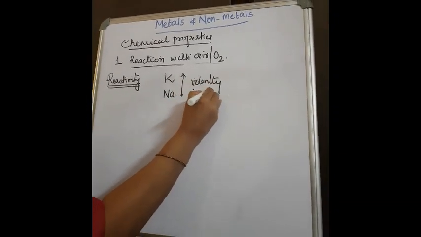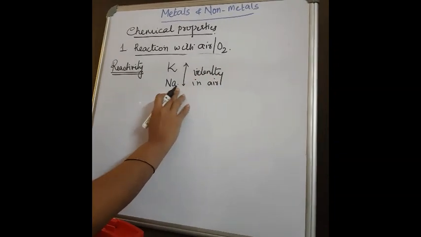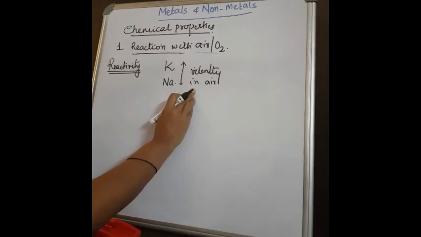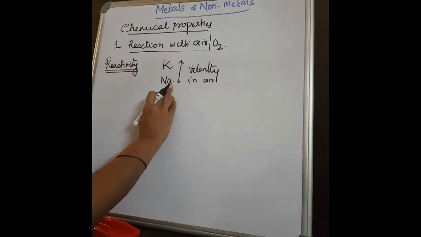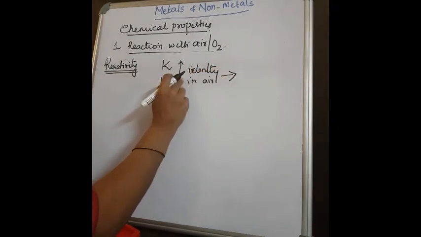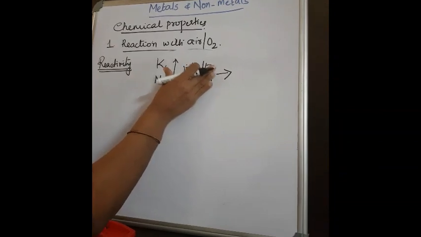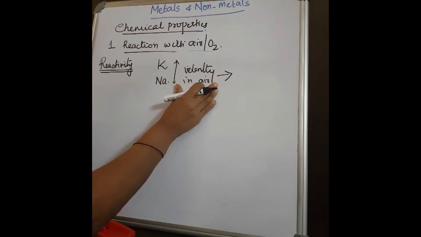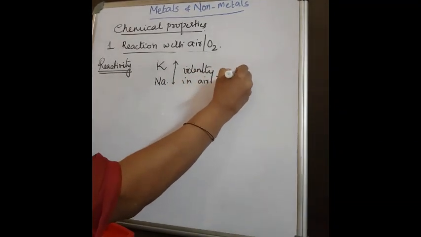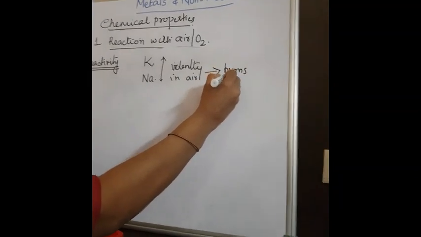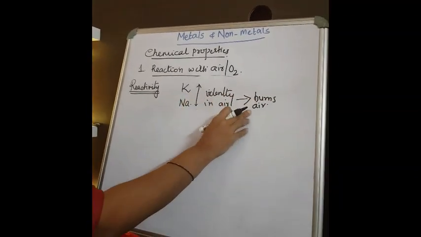What do you mean by violently? Violently means a sudden reaction happens. When these two metals are exposed to air, they react violently with air, and they burn in air.